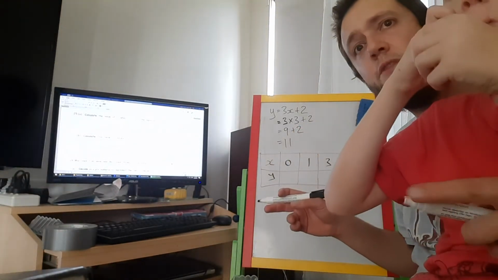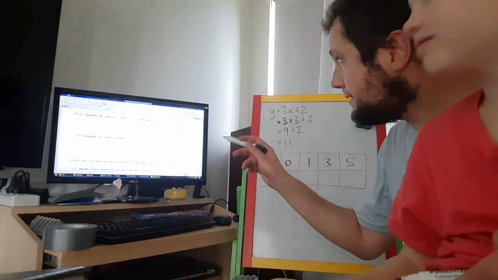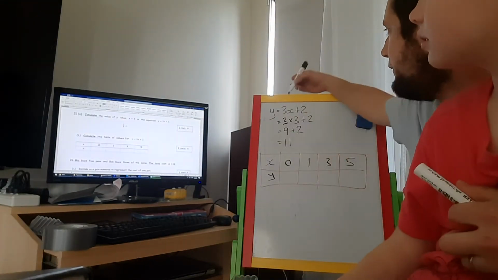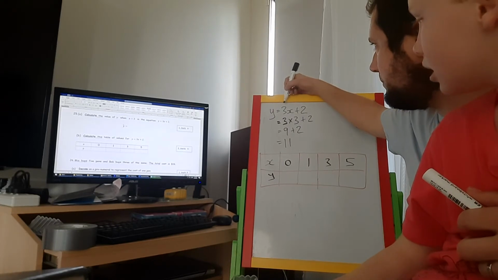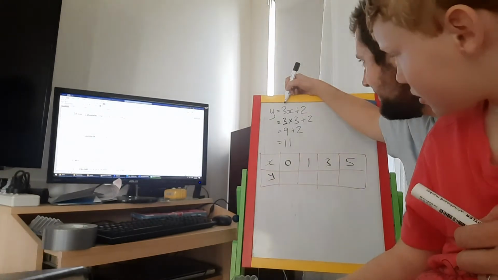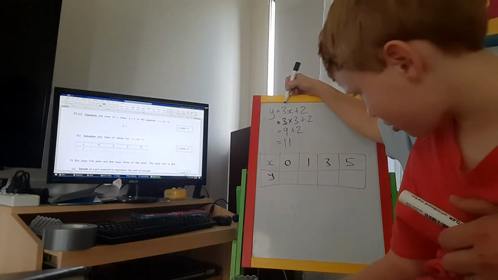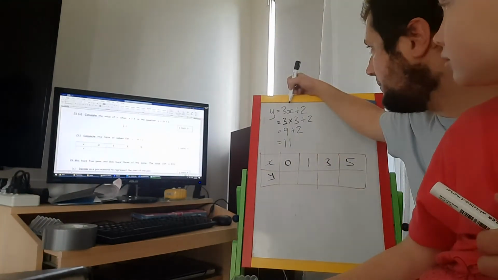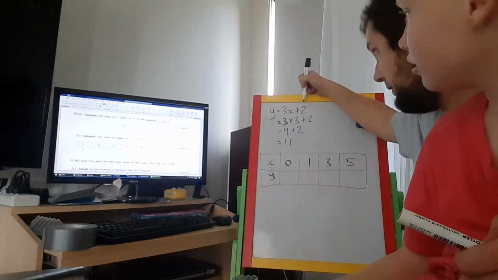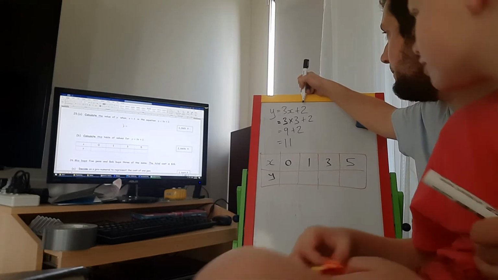For part B, it says to put in different values of x. So tell me, if x was 0, what would we get? Well, it would be 3 times 0 which is 0, plus 2, leaving us with 2.